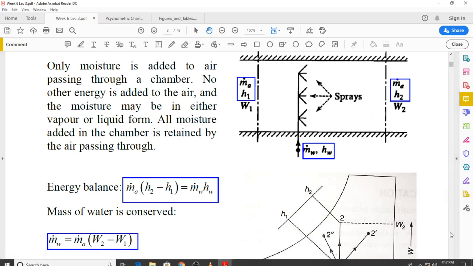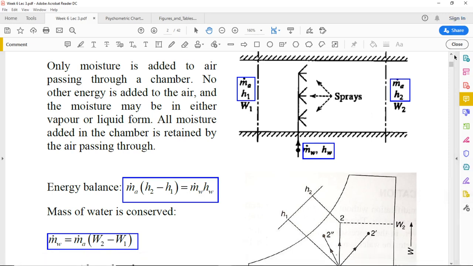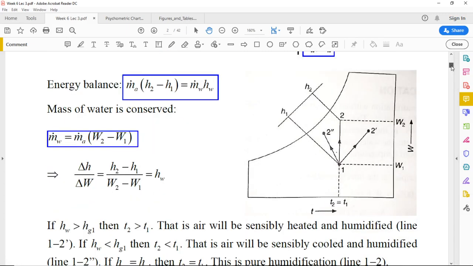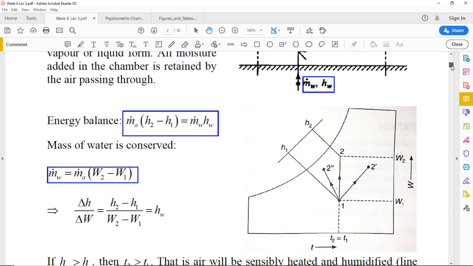These two equations can be further combined to get the result in the form of the ratio delta H by delta W. All we have to do is divide the energy balance equation by m dot A throughout.